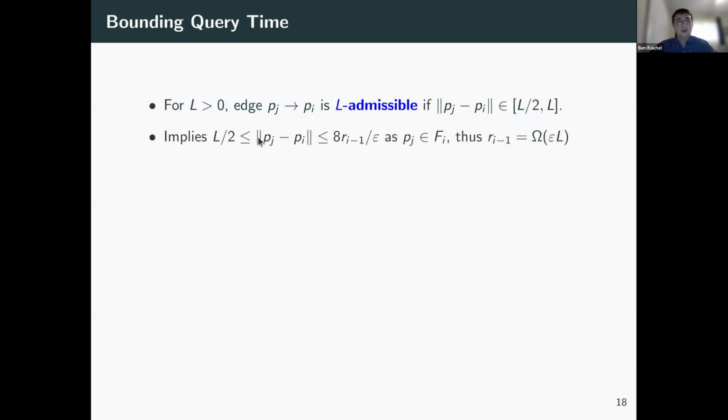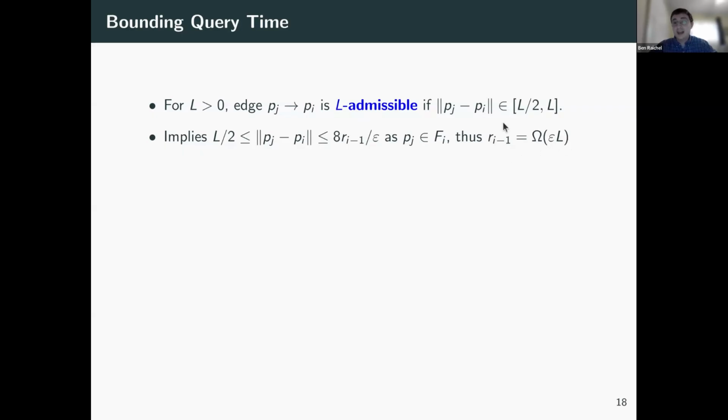Well, if it's L-admissible, then the distance is at least L over 2. But if this edge exists by definition of friends, then I have this upper bound on the distance, which if you just bring that epsilon to the other side, this is telling me that this R sub i minus 1 is at least epsilon L.